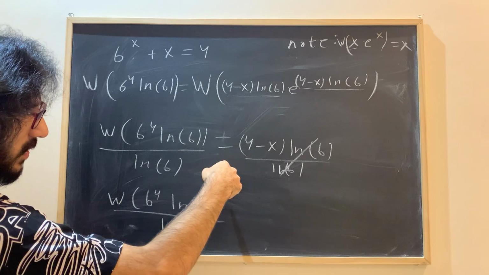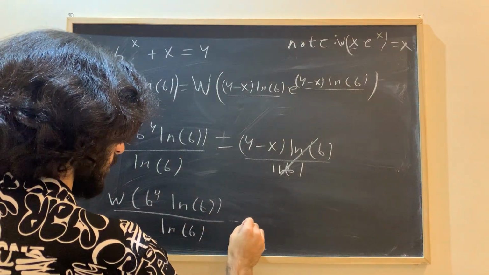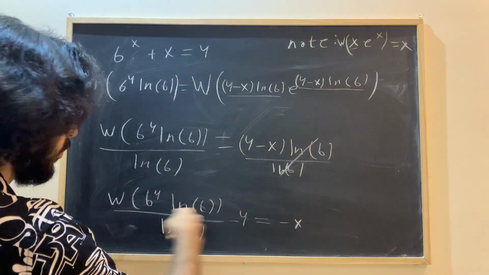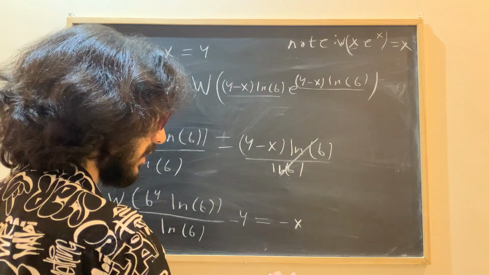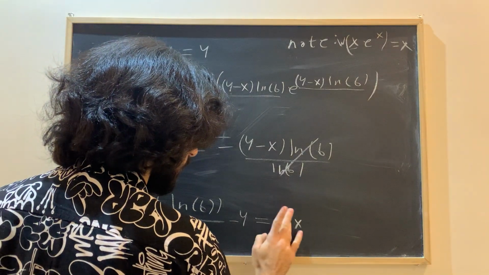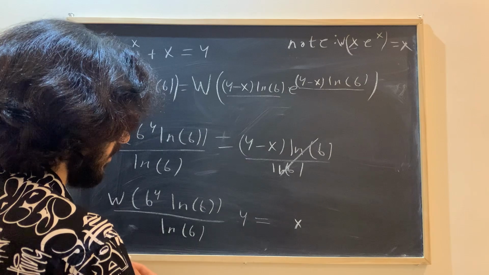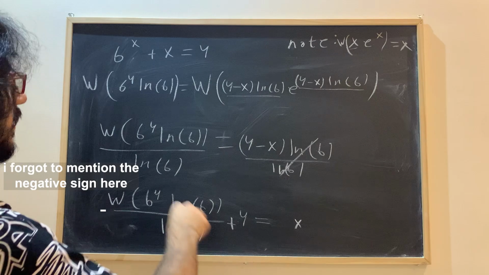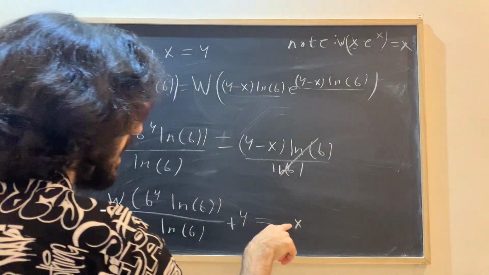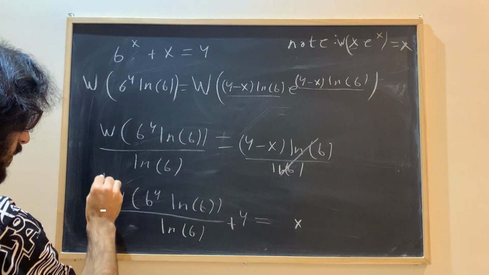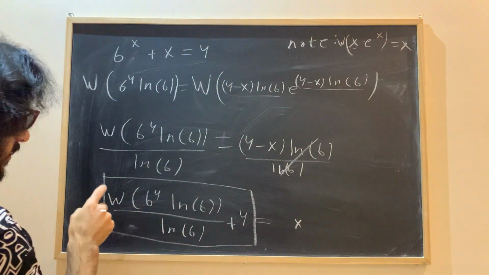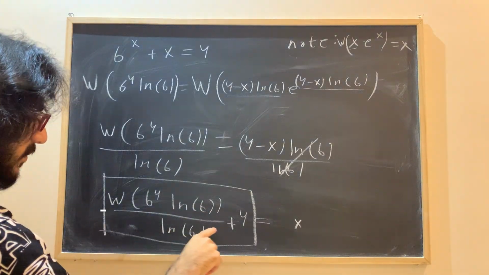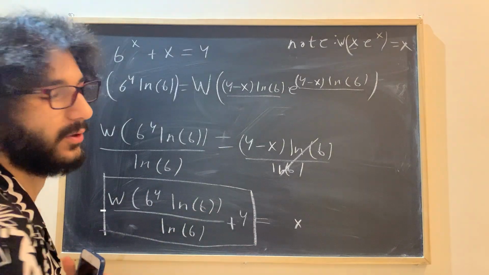By moving the 4 to the other side, it becomes negative here, equals negative x. Then we multiply by negative 1 on both sides, which gets rid of the negatives and gives us this. So in the end, solving this equation will give us x equal to the Lambert W of 6 to the power of 4 ln 6, all divided by ln 6, plus 4.